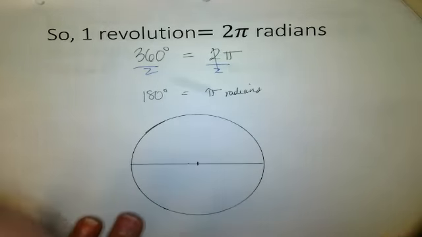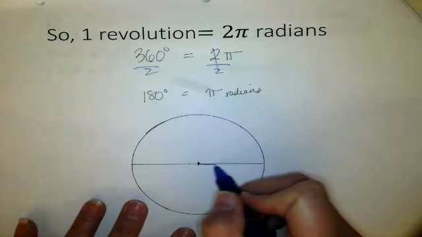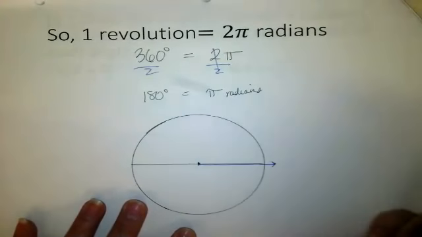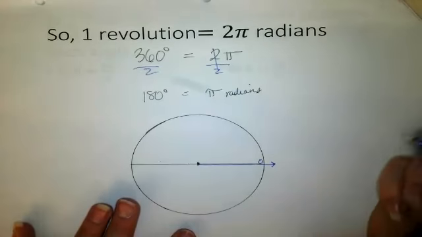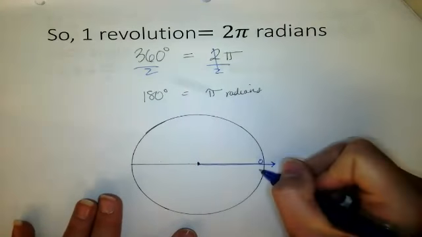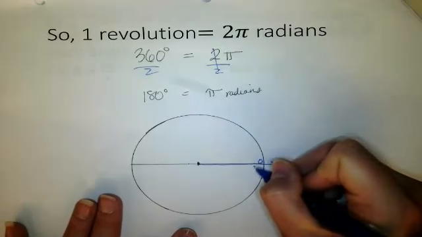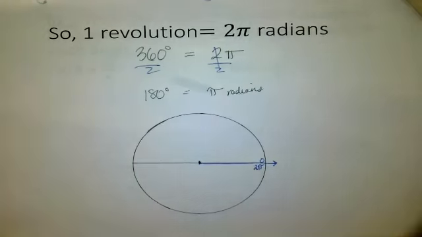So if I'm drawing angles now, I'm going to draw an angle. My initial side is running along the positive x-axis. So this would be an angle measuring 0 radians. And if I open that angle up and go all the way around, then how far have I traveled? 360 degrees or 2 pi radians, okay?